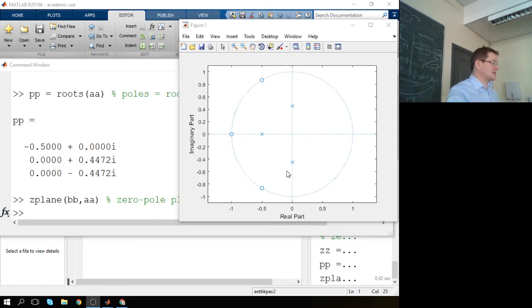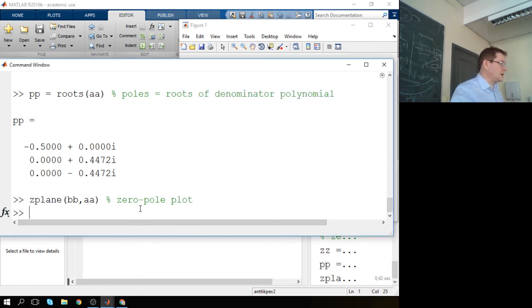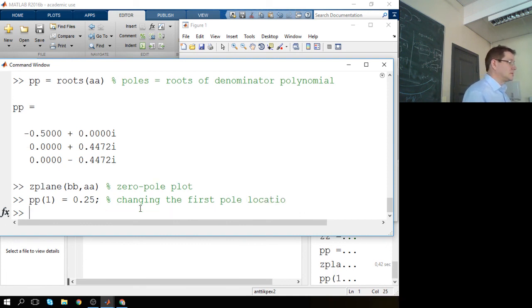So the first pole equals just 0.25, changing the location, and then we can check if it was moved.